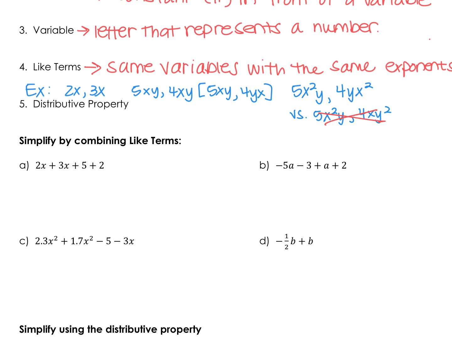That's the same reason why I can't combine 4x and 4x squared. Cannot combine those. Okay? Does that make sense? Cool.